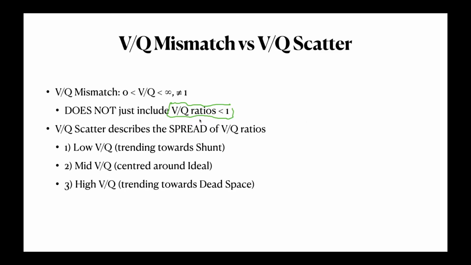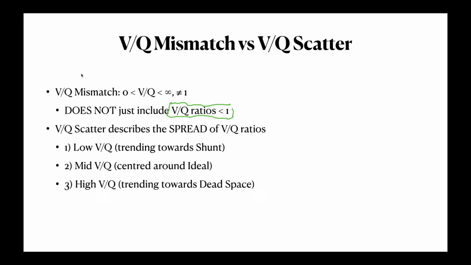And when you're talking about the spread of VQ ratios, you can have low VQ units, mid VQ units, and high VQ units. So low VQ units are trending towards shunt. Mid VQ units are centered around the ideal, so a VQ ratio of around 1, and high VQ units are trending towards dead space. All right.